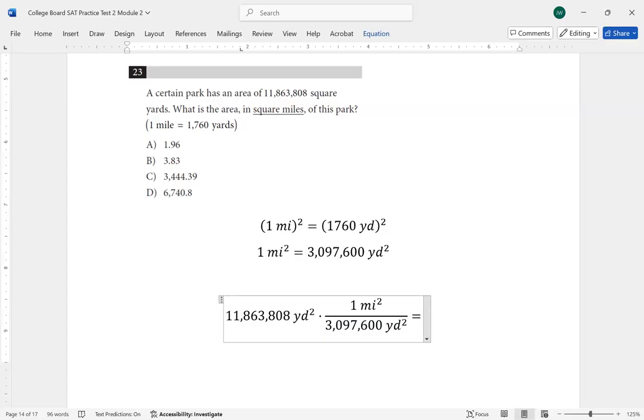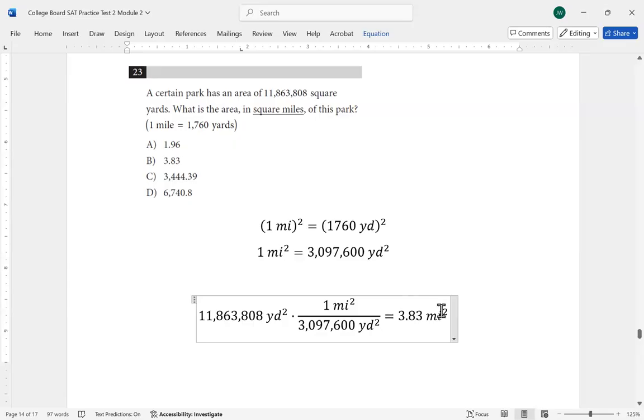When you do that calculation, 11,863,808 times 1 divided by 3,097,600, you end up with exactly 3.83 square miles.